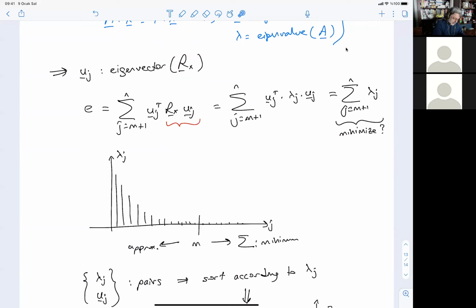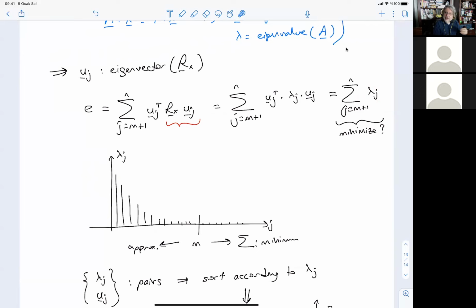And these eigenvalues, lambda j's, will automatically define how much error on the average, or how much expected error you will have when you cut from a place and chop off all the rest, replacing them with zeros.